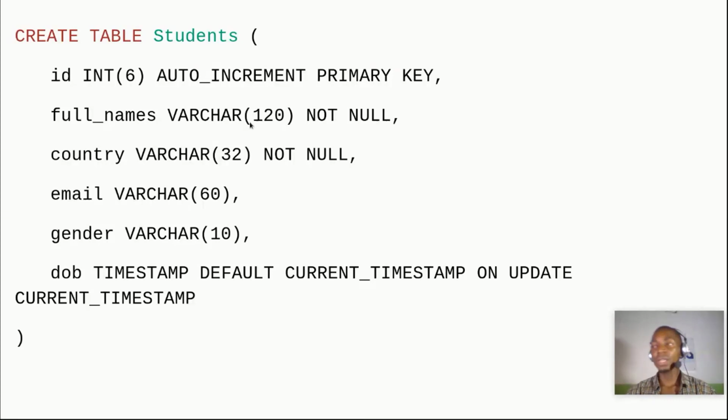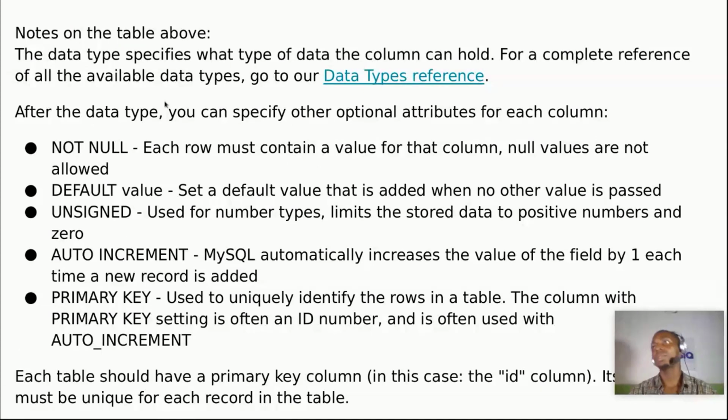You could also call it a text field, long text, and so on. And you have timestamp, which is the local time that has the year, the month, the day, and so on. So I think that is it. Those are the various data types, and I want us to explain them.